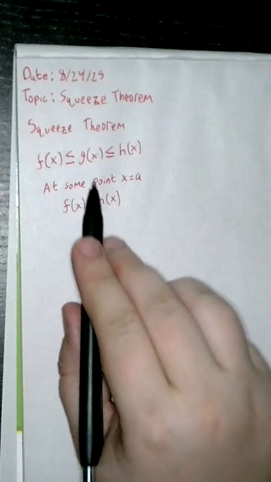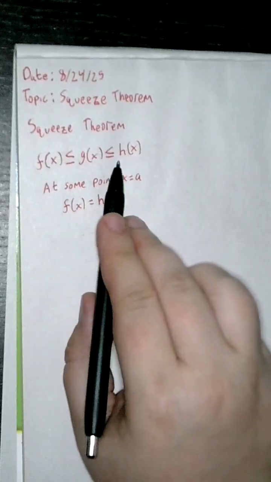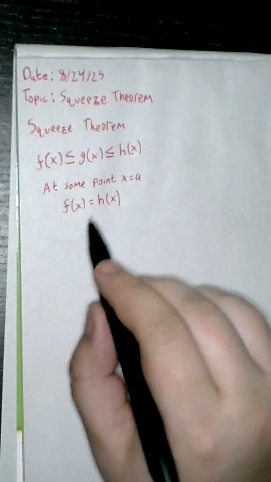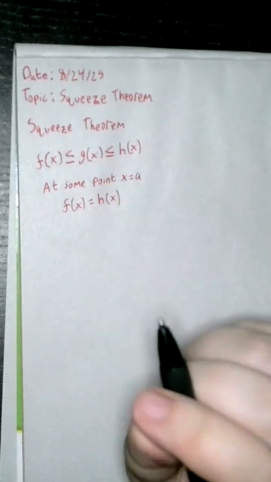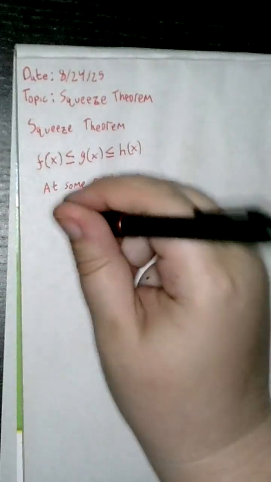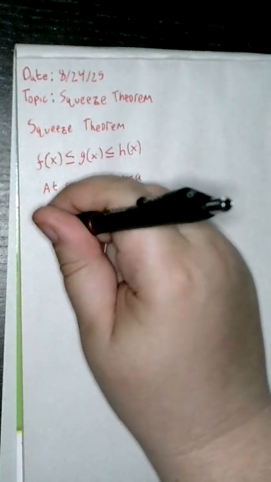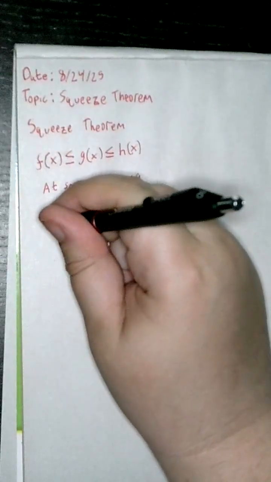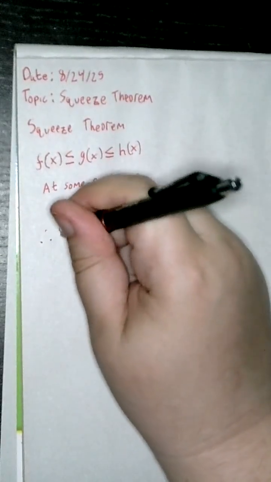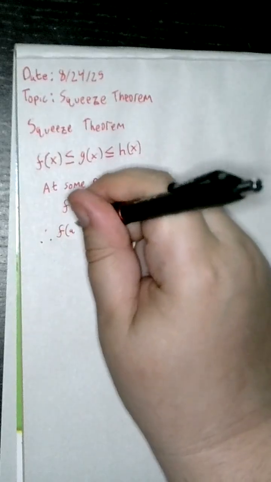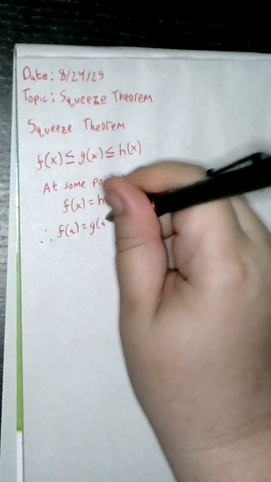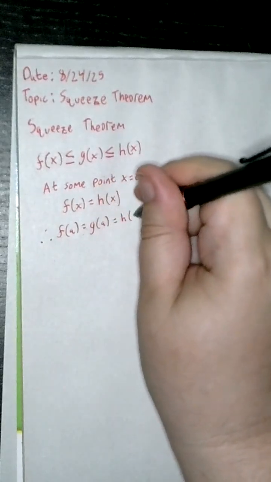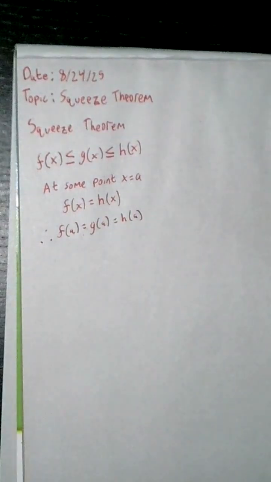Therefore, at that point a, because f of x and h of x are equal at that point, then g of x must also be equal to f of x and h of x at that point. So that is the very basic idea of the squeeze theorem.